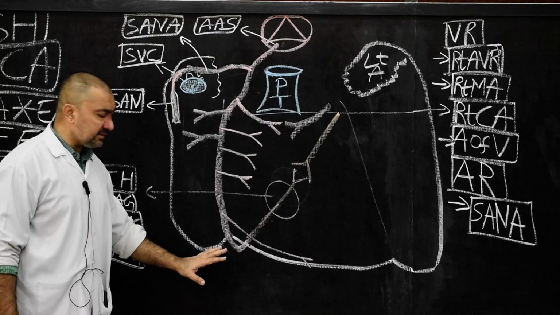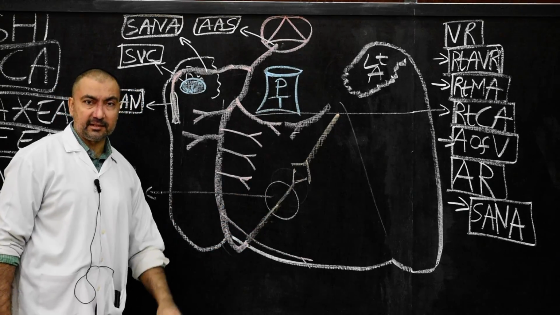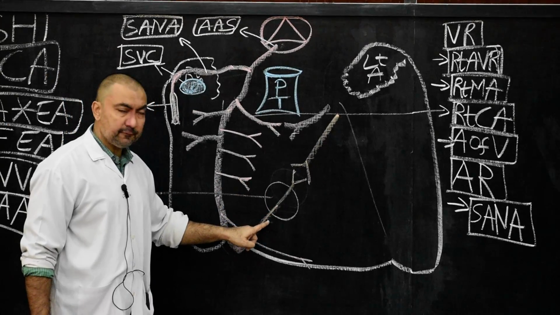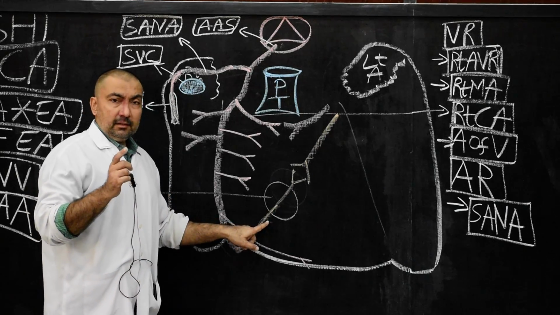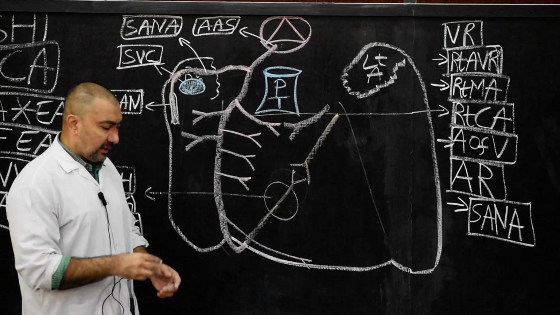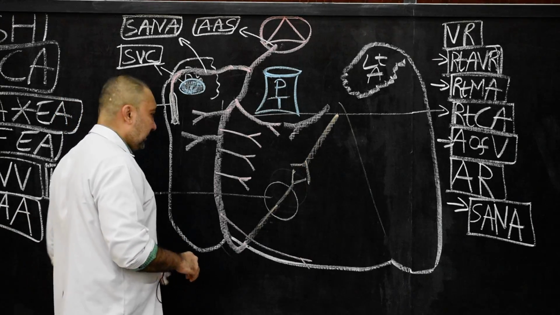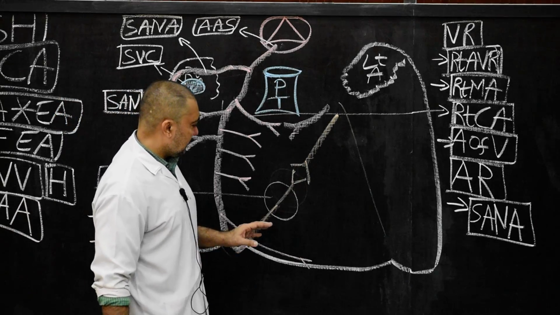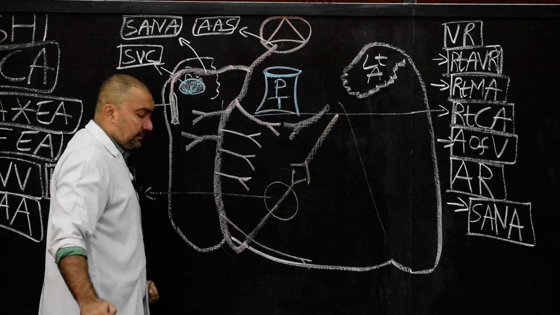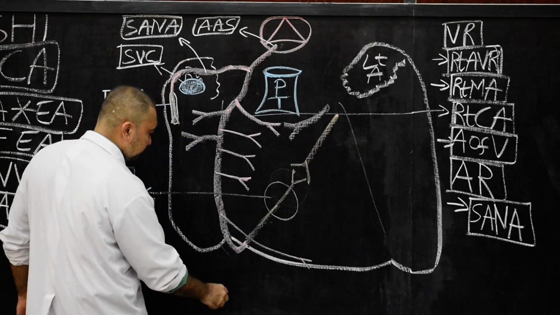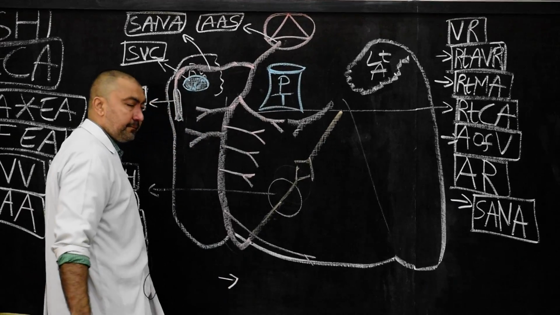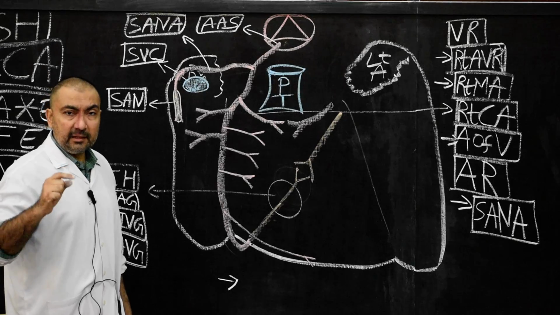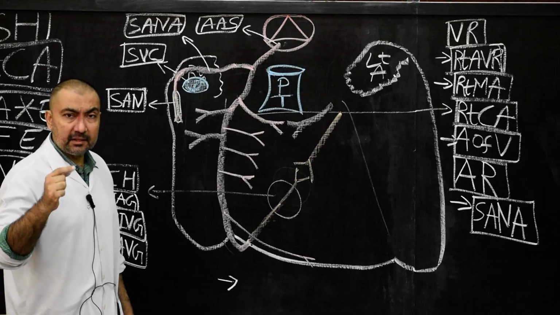Now the branches present on the second segment. So I will use another color for explaining these branches. In the second segment, the branches are once again divided into 3 major branches. The first will be the right posterior ventricular rami.